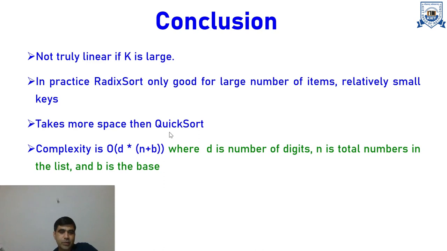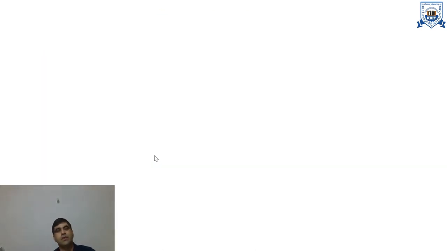It takes more space than quicksort, as we have already discussed, and the complexity is O(d multiplied by (n plus b)), where d is the maximum number of digits, that is, the number of digits in the largest number in the list. n is the total numbers in the list and b is the base. Like in the decimal number system, the base is 10. In the case of strings, the base is 26, and so on, right?